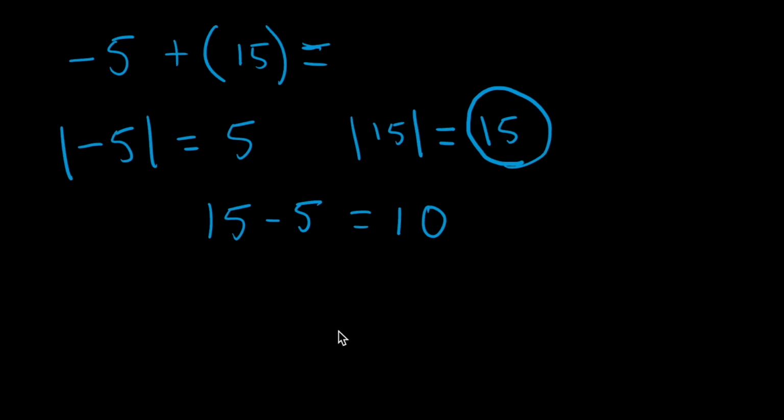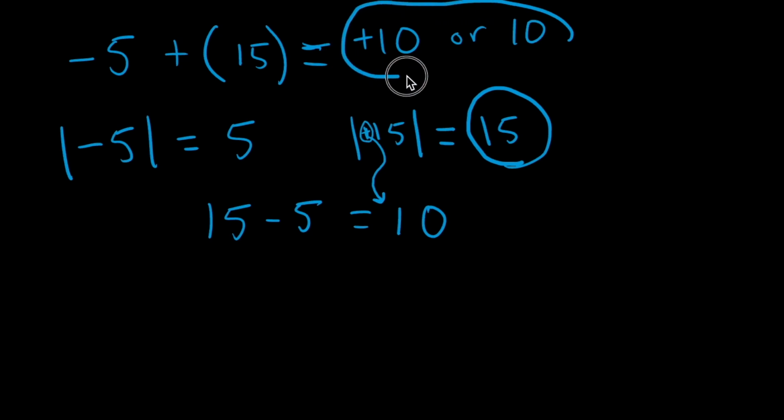And then we're going to take the positive from the original 15 and give it to the 10. So the answer is positive 10 or just 10. That is your answer. There you go.